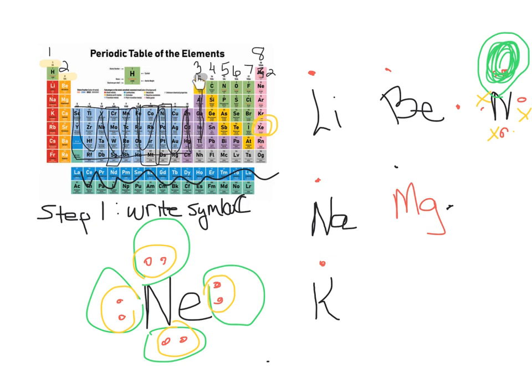Boron family have 3 valence electrons. Group 14 have 4 valence electrons. Group 15 have 5 valence electrons. Group 16 have 6. Group 17 have 7. Group 18 have 8, except for helium. And Lewis structures show us, when we draw them, how many bonds an element can form.